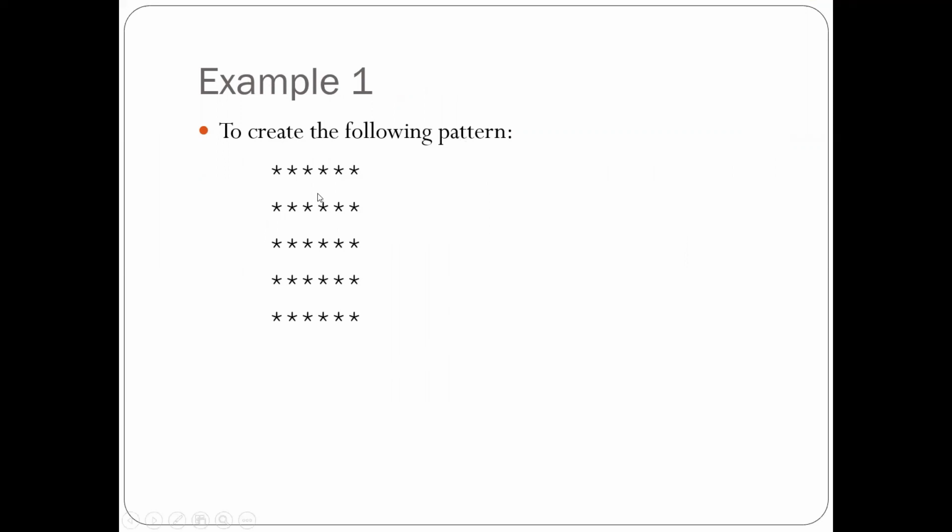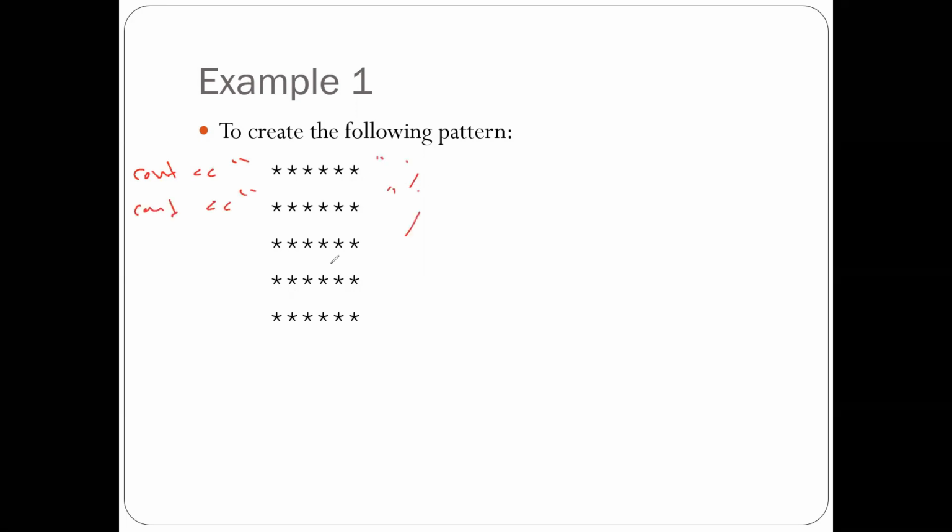So, ramai student saya akan buat macam ni. Dia akan buat cout macam ni. Cout macam ni je. So kalau awak buat macam ni salah. Okay, kalau awak buat macam ni salah.